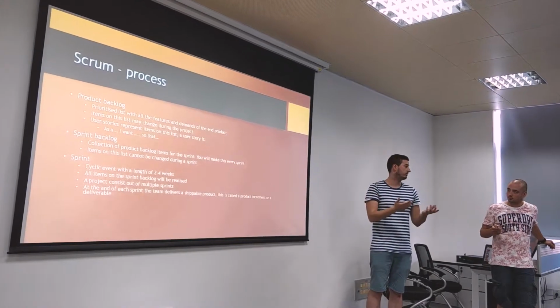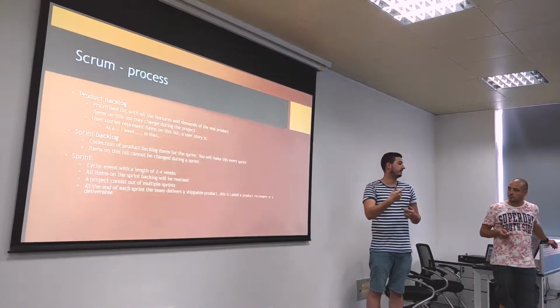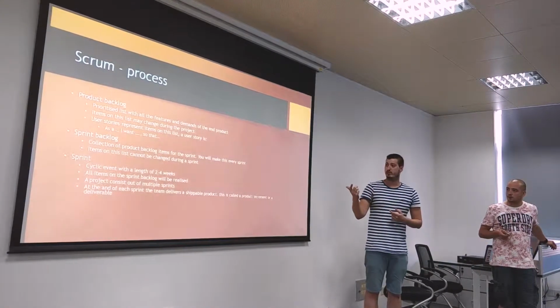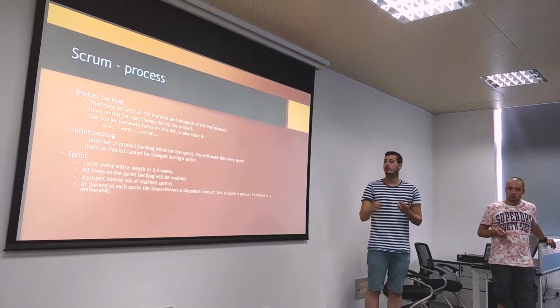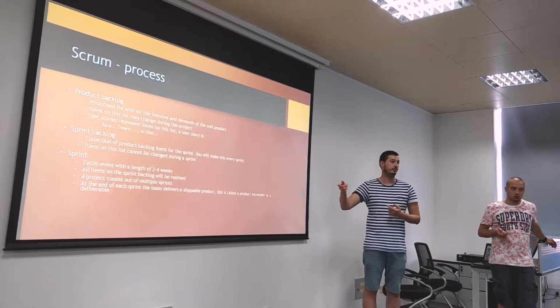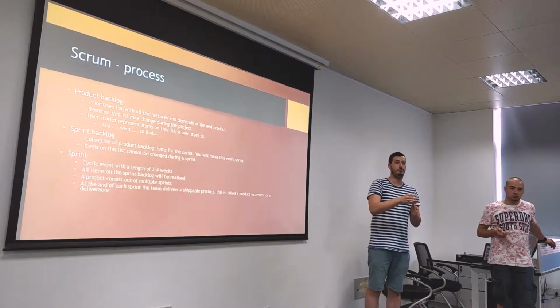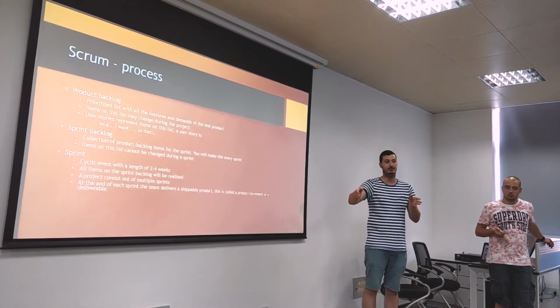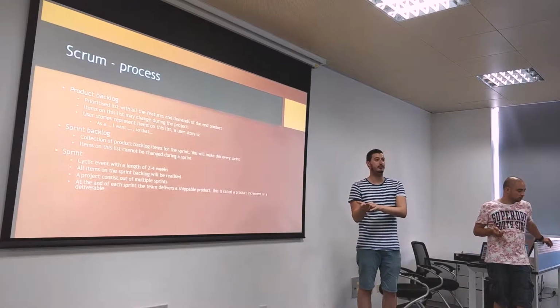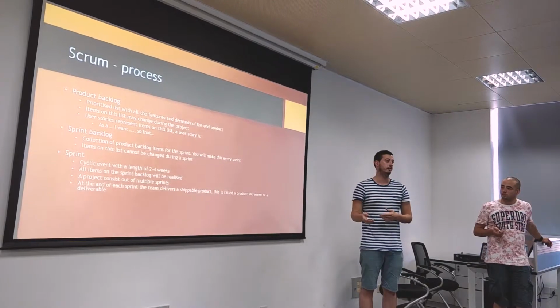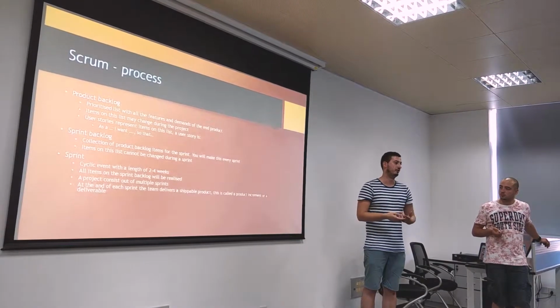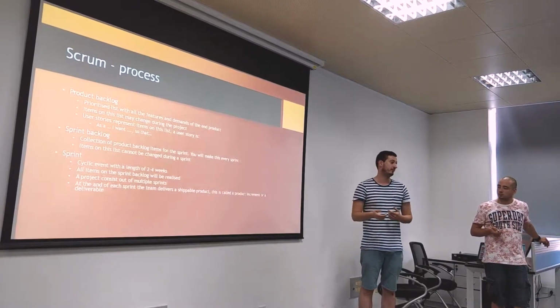The iteration takes about 2 to 4 weeks, and then there's a review. If there's something he doesn't like or wants to change, he can do it in the next sprint. Instead of the waterfall, where you do the whole project in a year and then show it, he can now give feedback every 2 to 4 weeks. So it's very adaptable, and he will get the product he really wants.